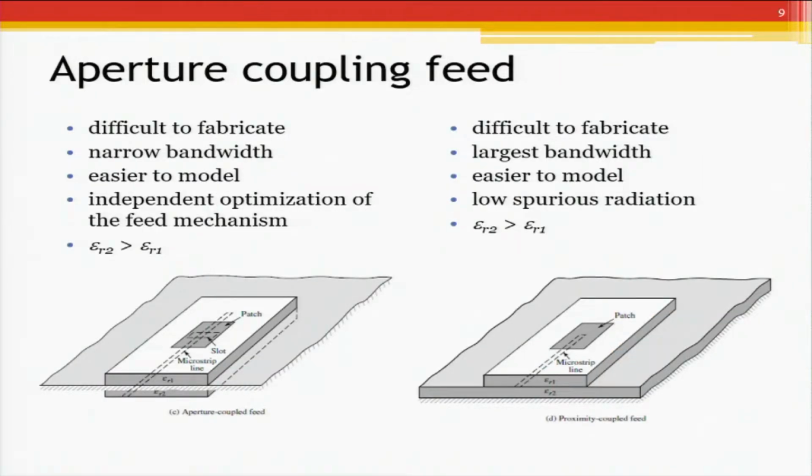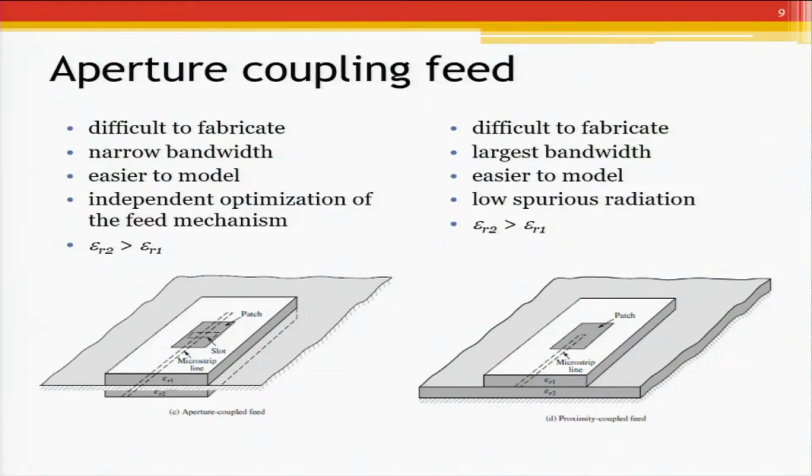The third one and the fourth one are kind of similar, so that's why I placed two of them on the same page. The third one is called aperture coupling feed. This is the difference: you can see that for the third one, we have two substrates and different types of dielectric materials, and they are separated by this ground plane.